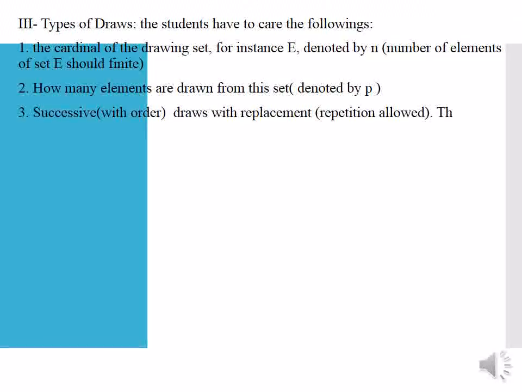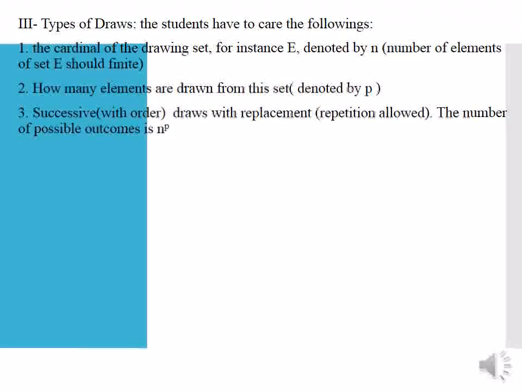The third main point in this chapter is the type of draws. The first type is successive withdrawal. Look at the word successive, it is important. Successive and with order, and the third thing, draws with replacement. يعني هل عم بسحب وبرجع على الوعاء أو عم بسحب بدون ما رجع.